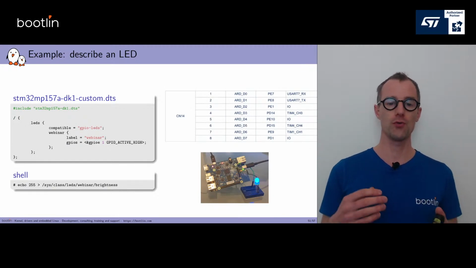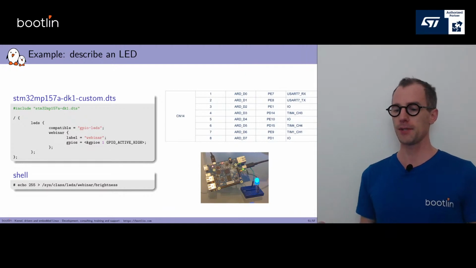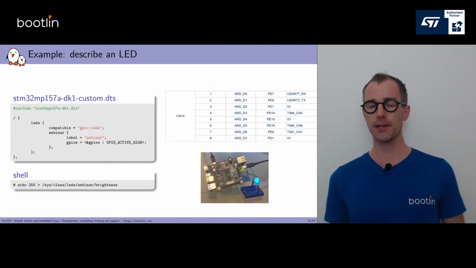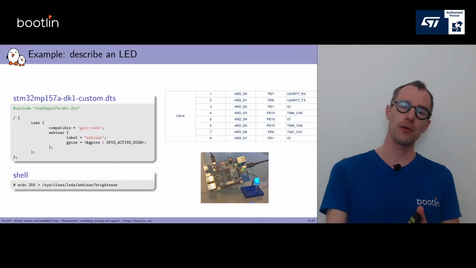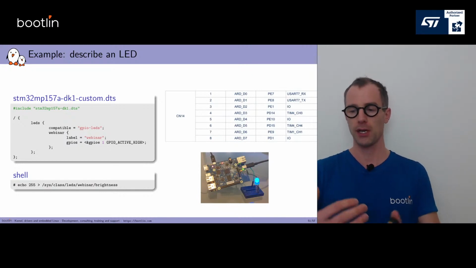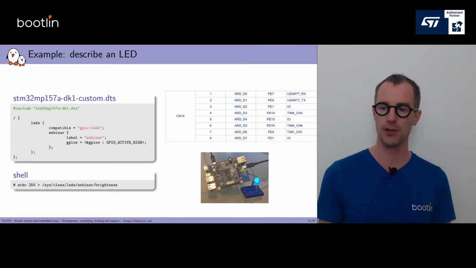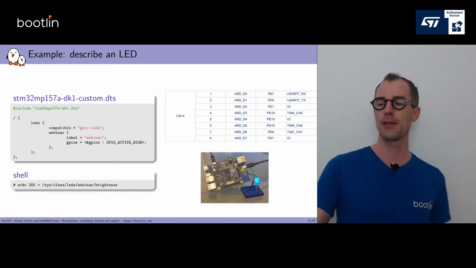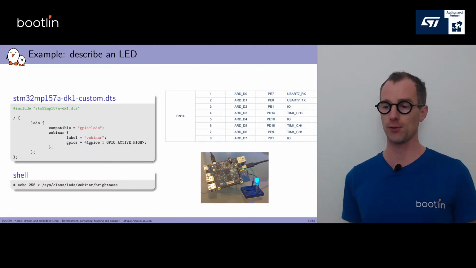First change, we want to describe an LED. And this LED, we have connected it to one of the Arduino connectors at the back of the discovery kit, and we've kind of arbitrarily chosen pin 3 of that connector, which happens to be the pin PE1 of the SoC.